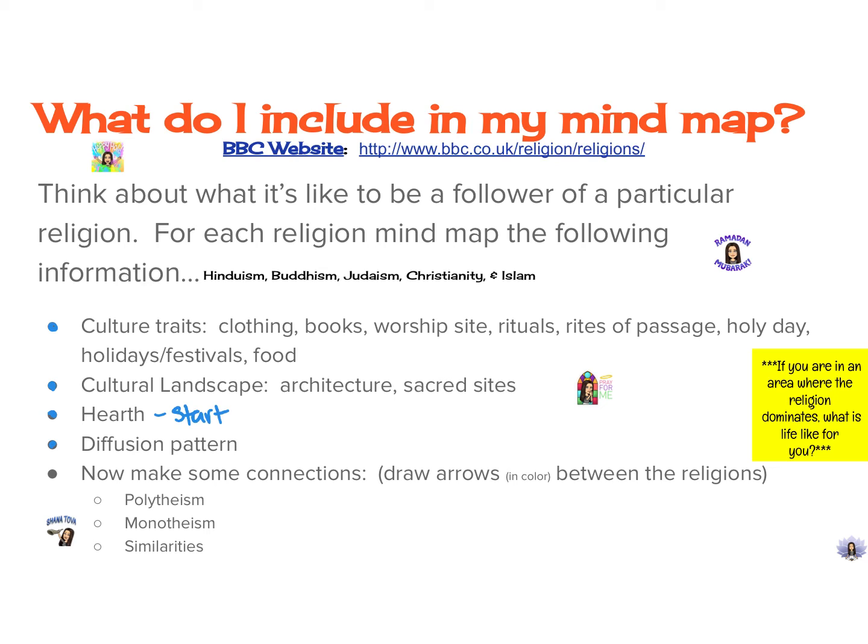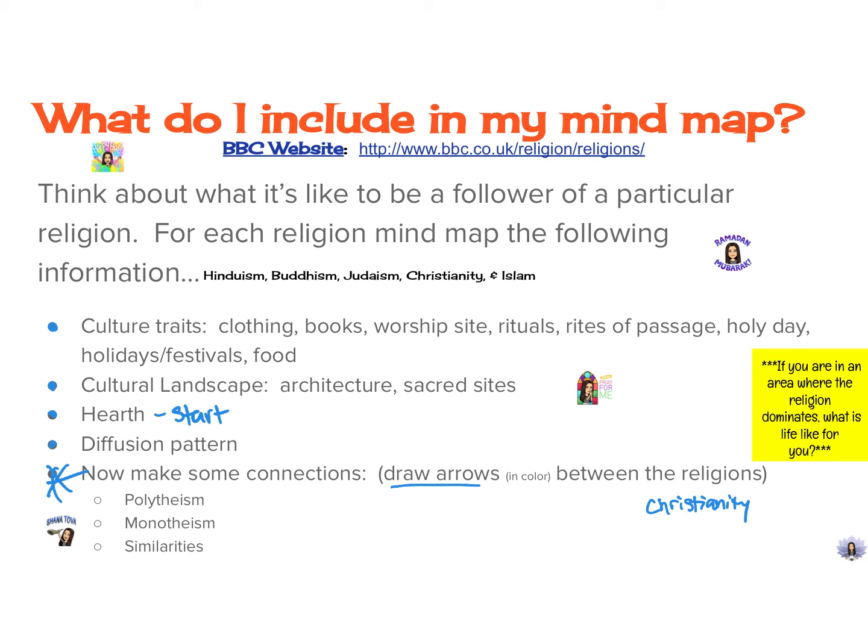And then the last thing I need you to do is make connections, okay? So this means you're going to be drawing arrows between each of the religions. So think about which ones are polytheistic, which ones are monotheistic, what are some similarities, things of that nature. On your mind map, you'll have different spots for your religions.